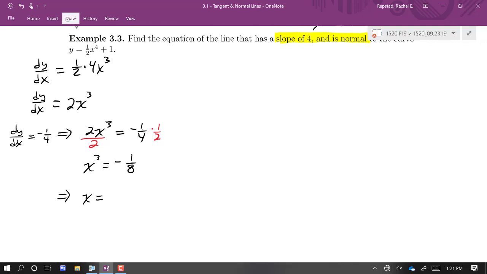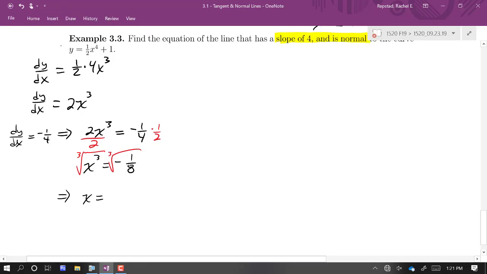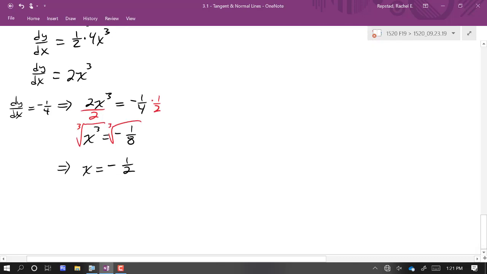What's the cube root of negative 1/8? Negative 1/2, yep. So we have the x coordinate. Whatever this point is, we have the x coordinate.